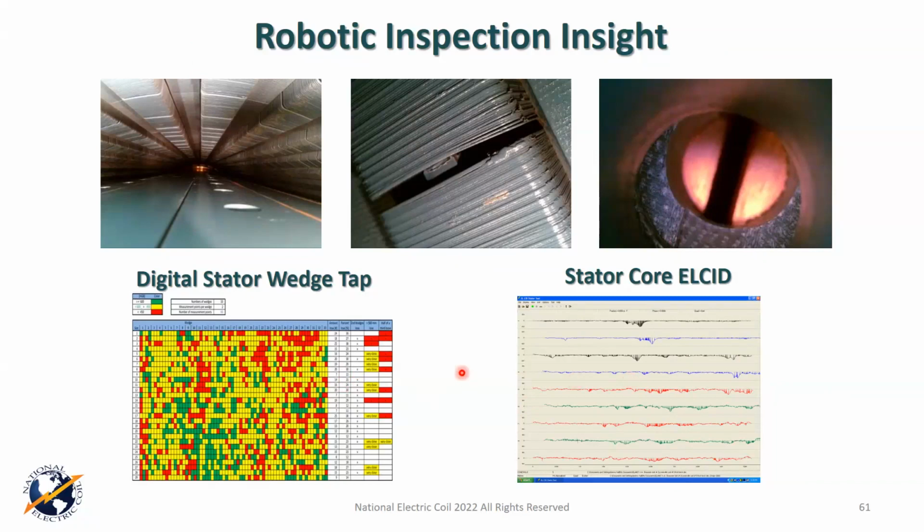Now, listen carefully to what I'm saying, because people seem to gloss over this. If you have a machine that has known problems, okay, why would you want to do a robotic inspection? The answer is pretty simple. If we do the robotic inspection and we find the problems, what are we going to do? We're going to take out the rotor, okay?